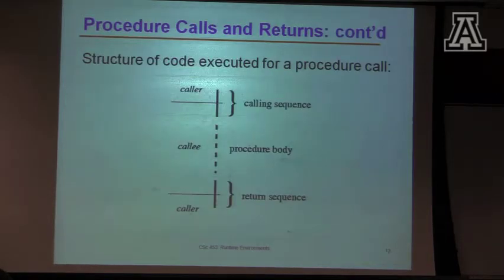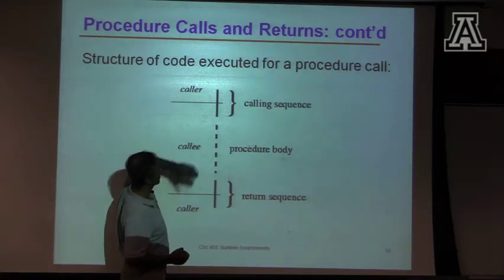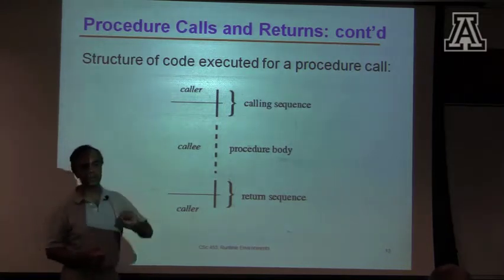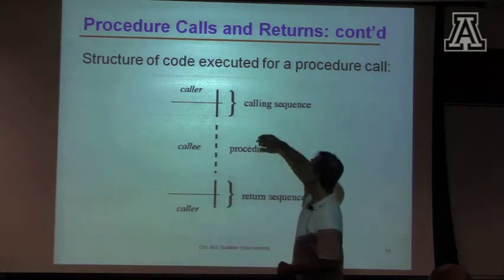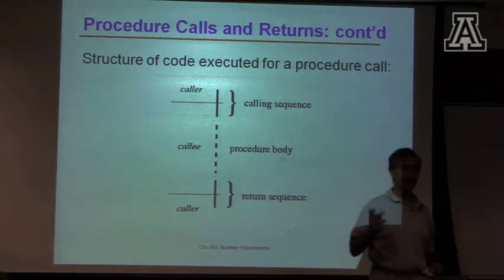Now, not all of that is done exclusively within the caller or within the callee. If you think of a runtime trace of what's going on at runtime, here's the calling sequence, and part of it is in the caller and part is in the callee. And this picture, don't take it too literally. This does not mean that half the calling sequence is in the caller and half of it's in the callee.